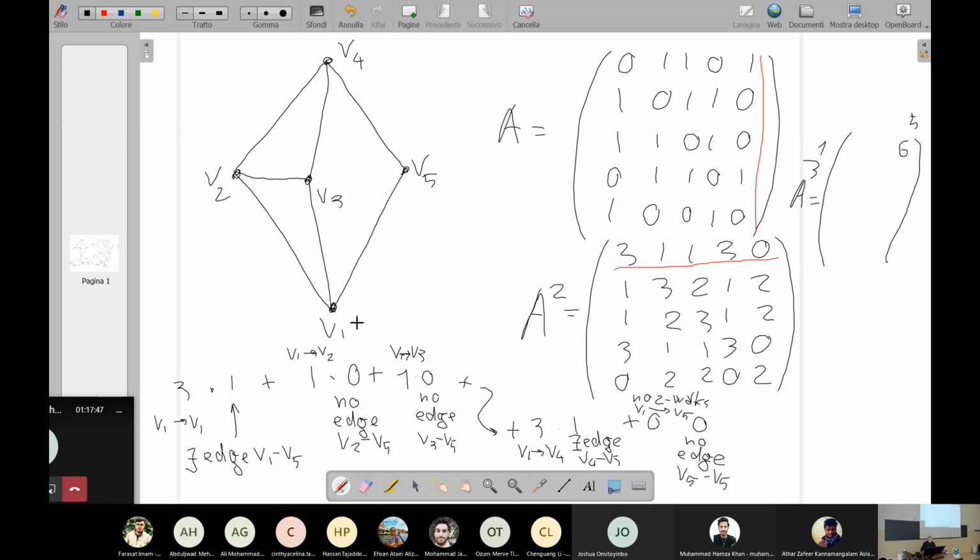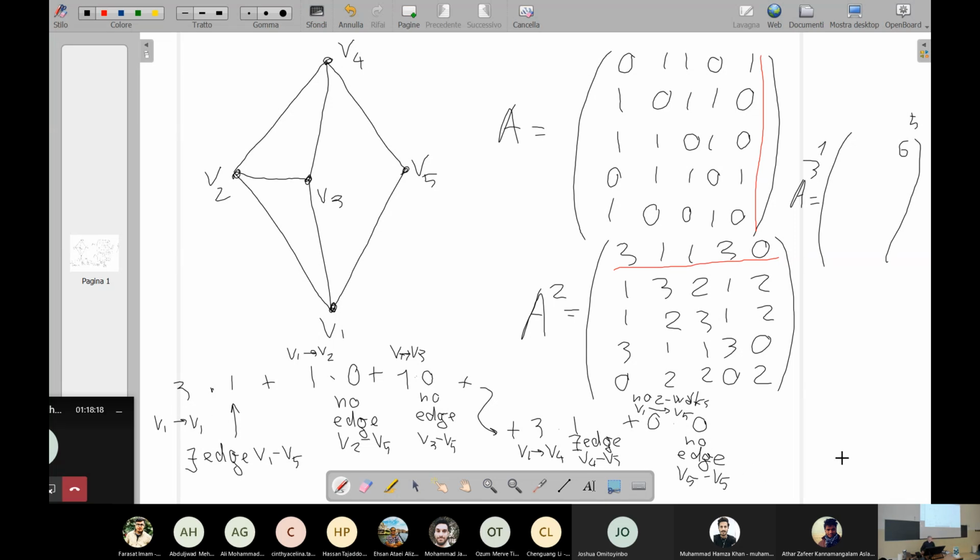And then we have 3 2-walks from V1 to V4. And here, each of these 2-walks can be completed by a third edge going from V4 to V5. And this edge is represented by this one here in the adjacency matrix, okay? And finally, we do not have 2-walks from V1 to V5, and we also do not have edges from V5 to itself, okay?